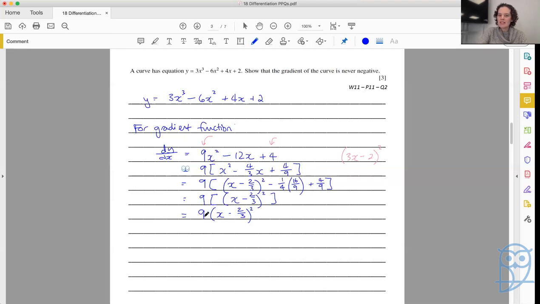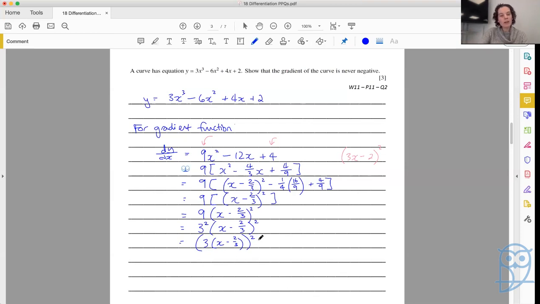But you see how this 9 is a square number, right? Laws of indices. X minus 2/3 squared. Now you see, these are both squared. So here's the fun and games. We can say 3 times x minus 2/3, all squared, because it's the same thing backwards. If we put the squared in, it would go in on the 3, it would go in on the bracket, so we can take it out. Remember all those laws of exponents, you can use them backwards or forwards.